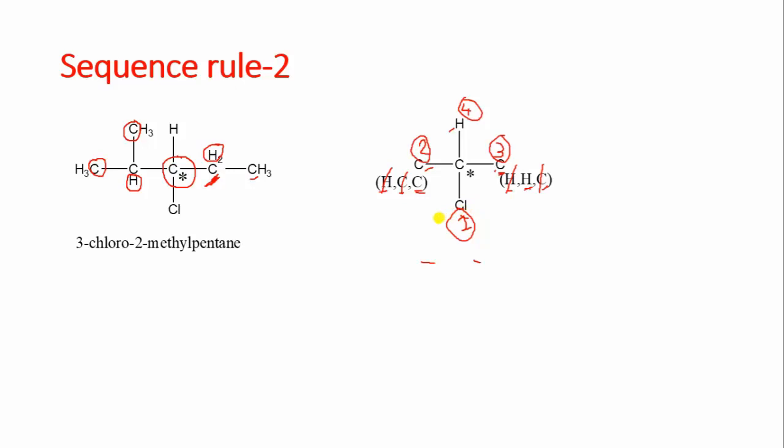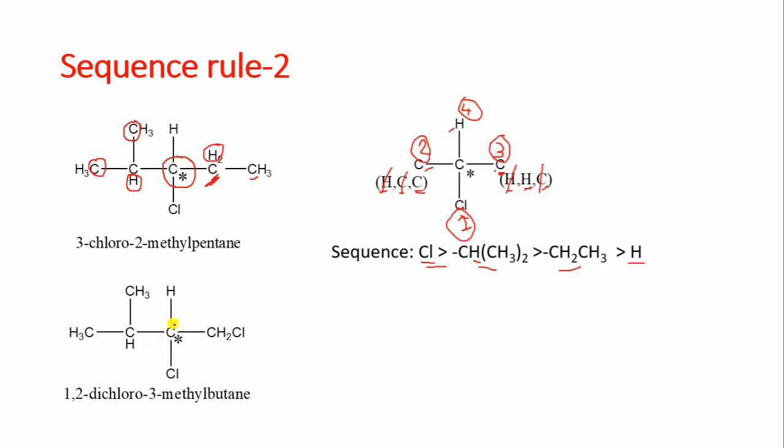So the sequence will be Cl, then isopropyl, then ethyl, then hydrogen. Another example: this chiral carbon is attached with a Cl and another like this.